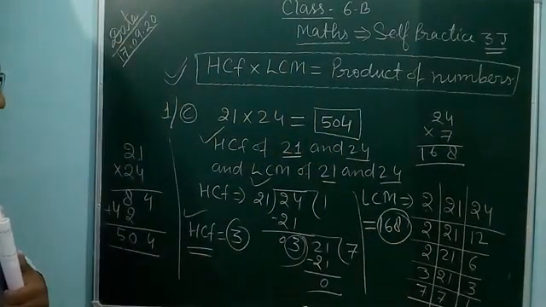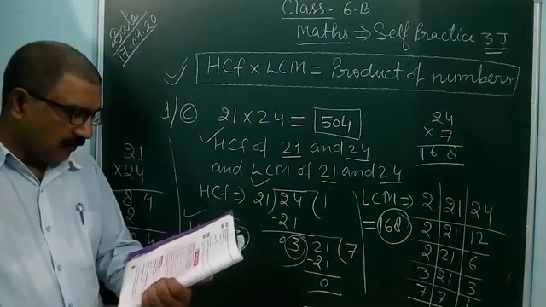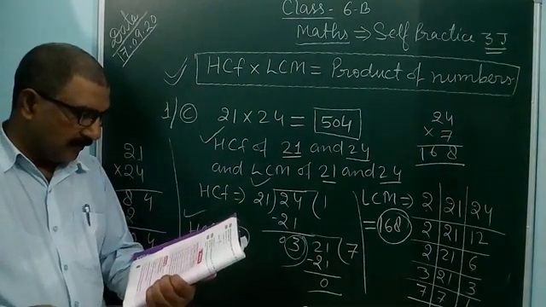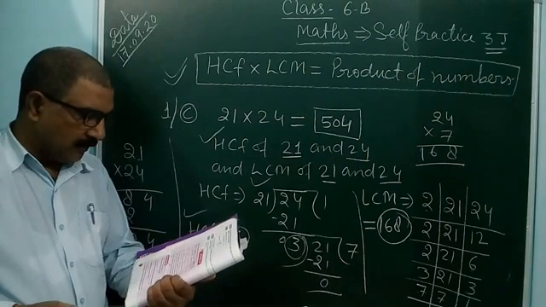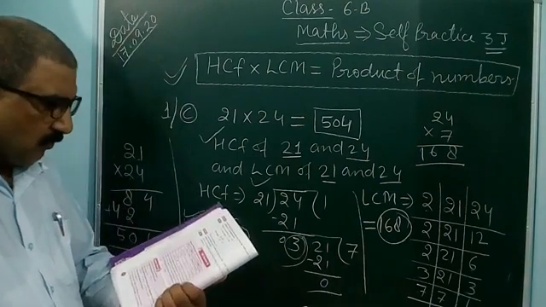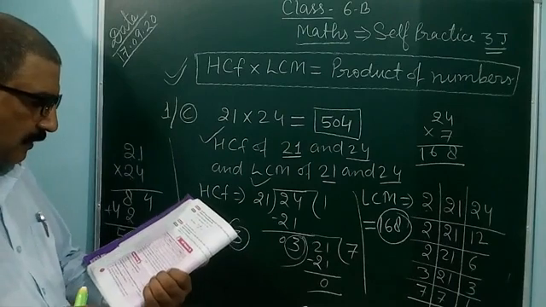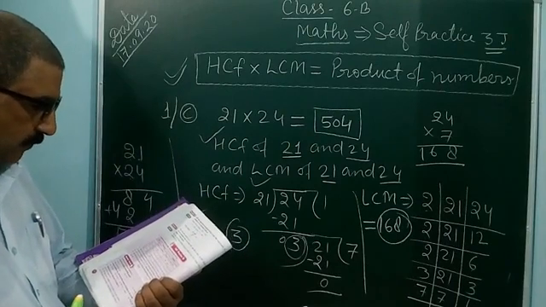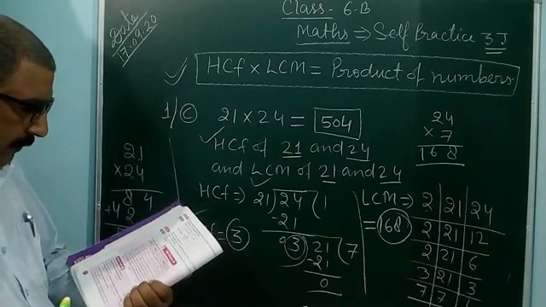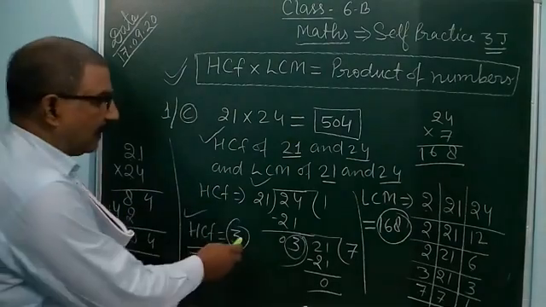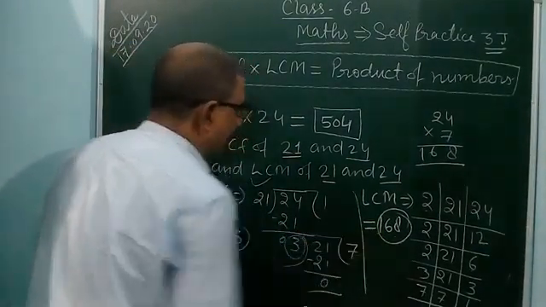What should we fill? As they are in B, C. So in column 2, you can fill the multiplication result of SCF and LCM. So you can multiply 3 and 168.